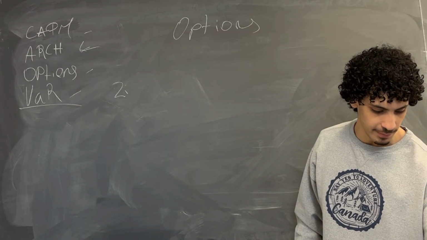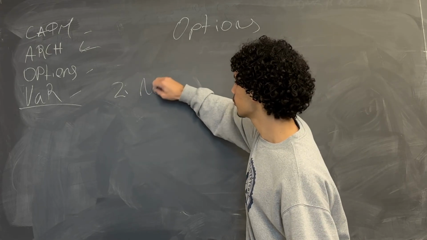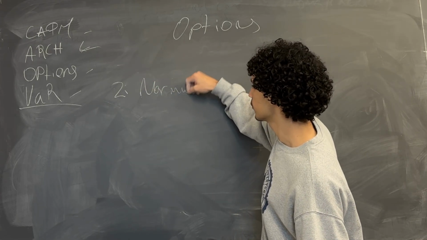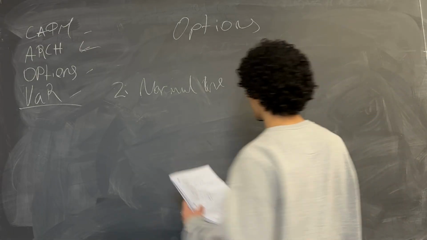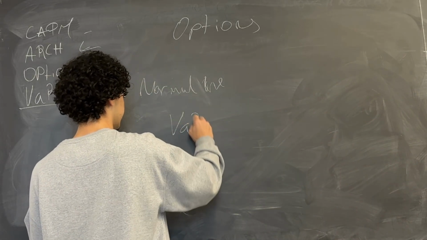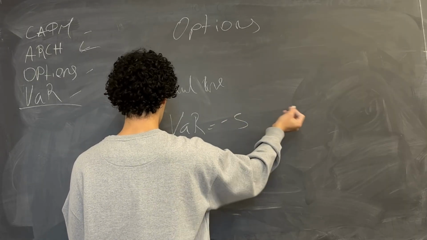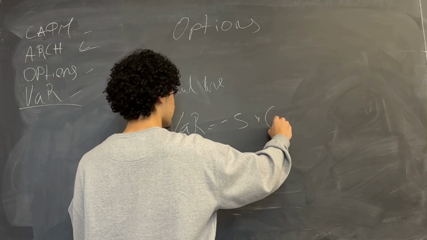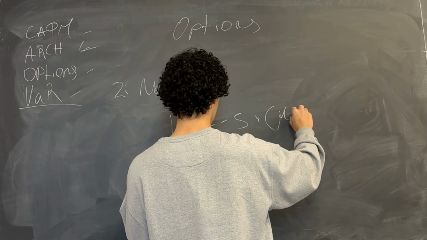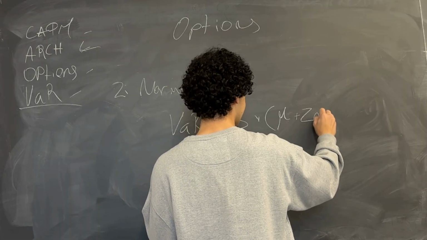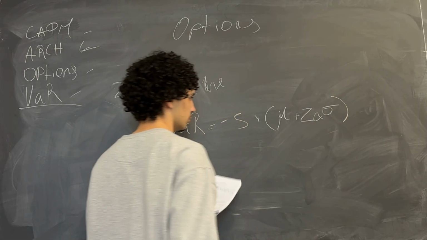So method 2 is the parametric one. We can call it the normal one, because it uses the normal distribution. VaR is calculated as, again, negative portfolio value times the expected return plus Z_a times the standard deviation.